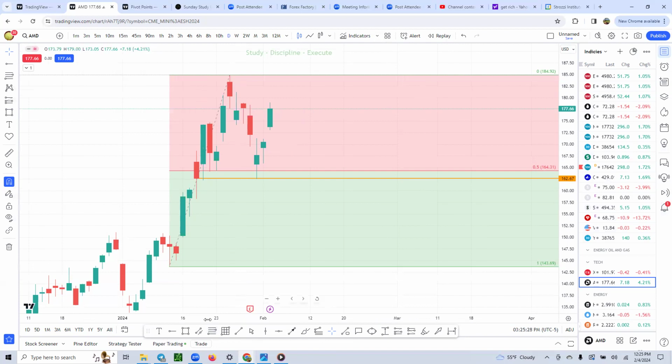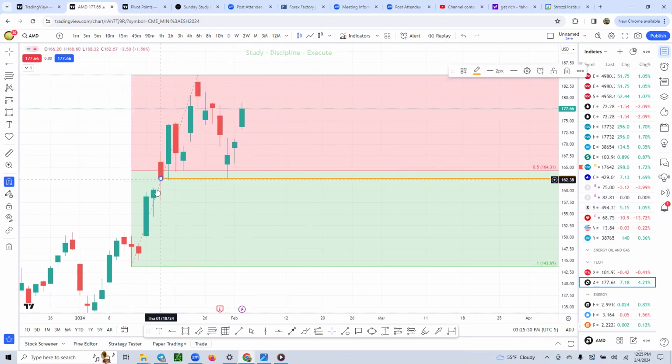So there's some schools of thought that would say this gap right here is closed, right? But you see how price came into it here and found some support, and then it came back to it here and found some support. So keep that in mind when you're looking for levels in a lower time frame. If you're looking for levels in a discount, that would be something that you're looking for.